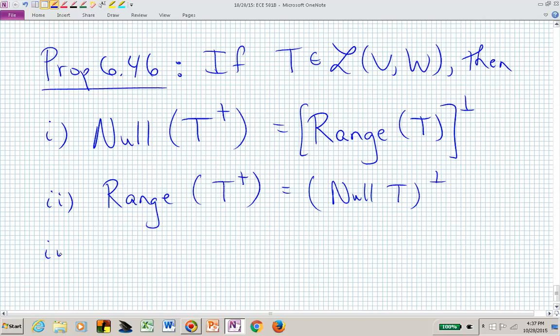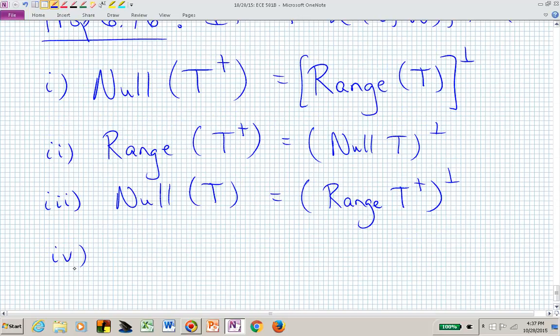And we have similar relationships if we start with the original linear map. The null space of T is equal to the orthogonal complement of the range space of T dagger. And finally, the range of the linear map T is the same as the orthogonal complement of the null space of T dagger.